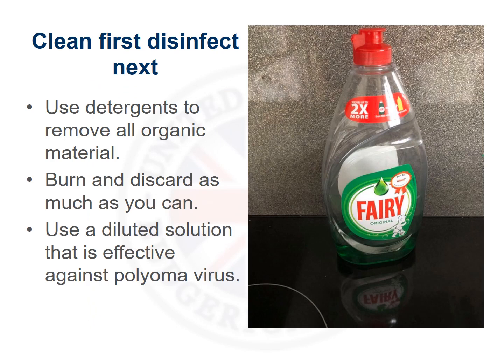First, clean, then you disinfect afterwards. Get your detergents to remove all organic material, and if you've got big issues, then discard everything you can do to start afresh. You want to use a diluted solution when you come to disinfecting that is effective against polyoma, for example.